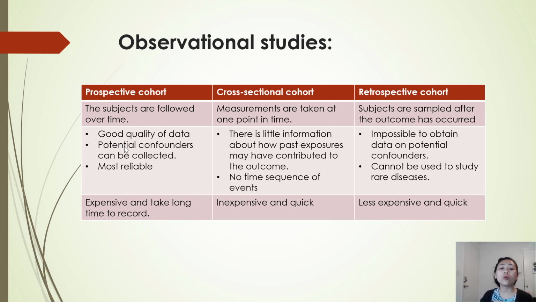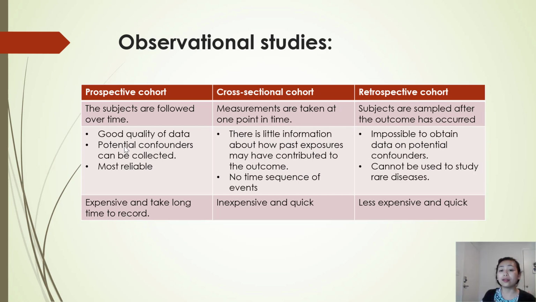For cross-sectional cohort, measurements are taken at one single time. So the good thing is it's not going to take too long, and no time sequence of events is needed. But the bad thing is there's little information about how past exposures may contribute to the outcome, because we consider only this time.